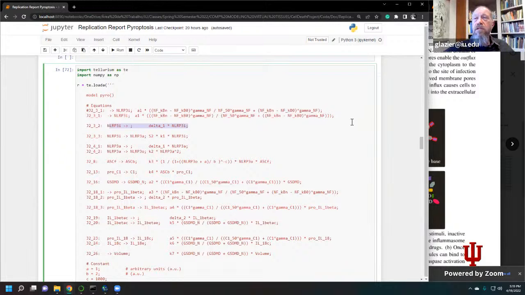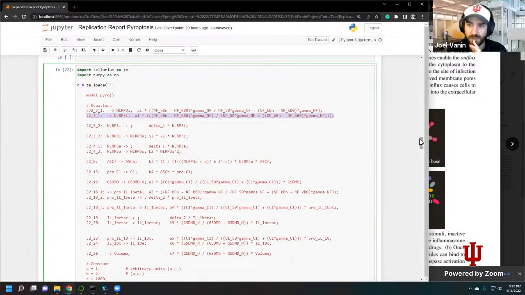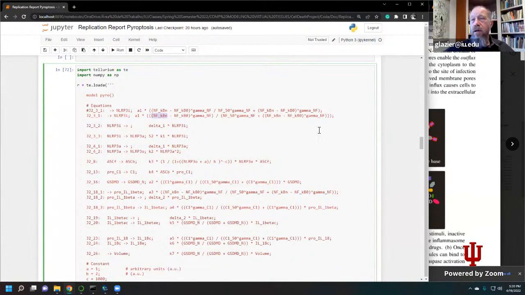On the other hand, you also have a source, which is NLRP3I being created. And that rate of creation is independent of all of those species, right? It depends on NF kappa B, but that's it. And those are not variables, is that right?